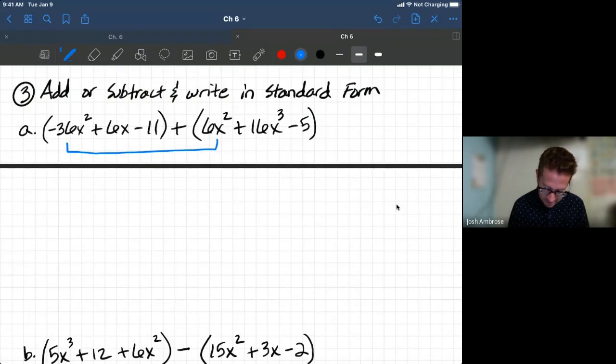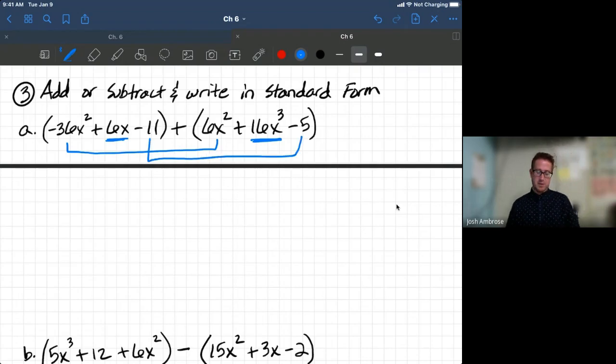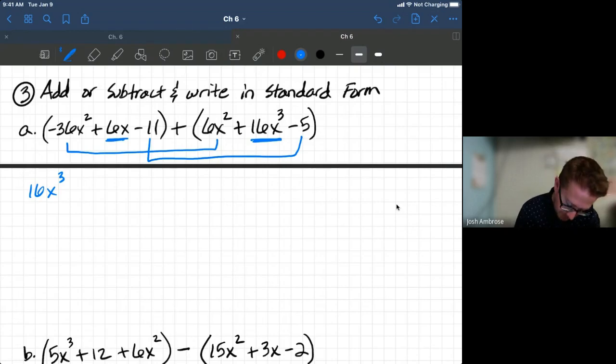The x to the power of 3 has nothing to go with. The 6x has nothing to go with. But the constant values have something to combine with. Standard form means biggest exponent up front, so that's going to be the 16x to the power of 3. And then we're looking at a negative 36 plus 16, giving us a negative 20x to the power of 2.